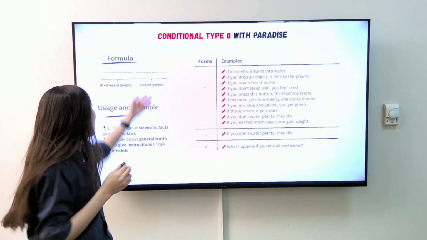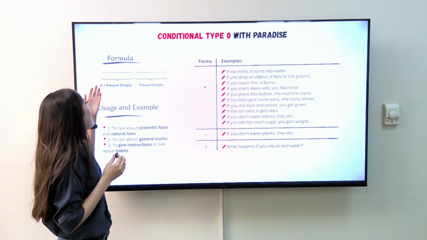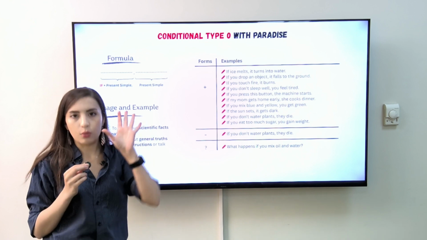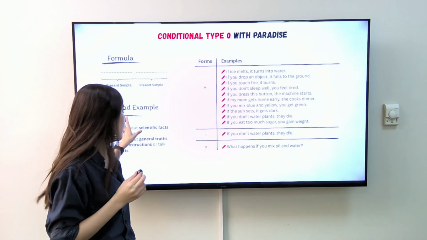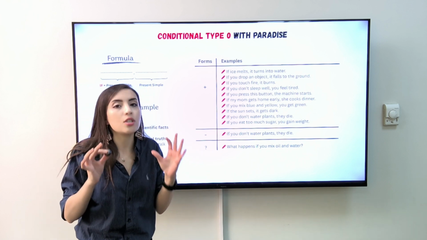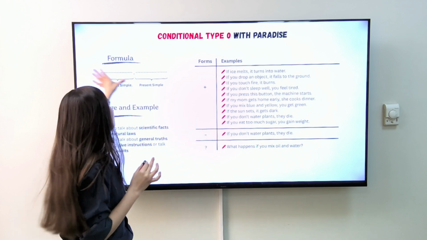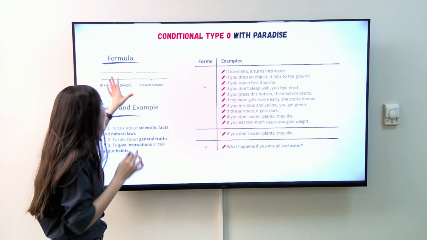So, conditional type 0, the formula would be... but before going for the formula and talking about the usages and examples, in conditional types, we have two parts of the sentence.